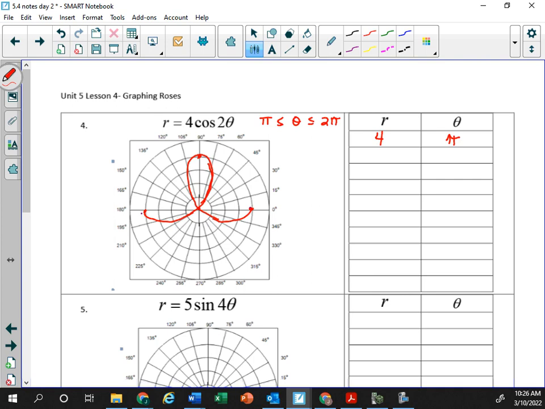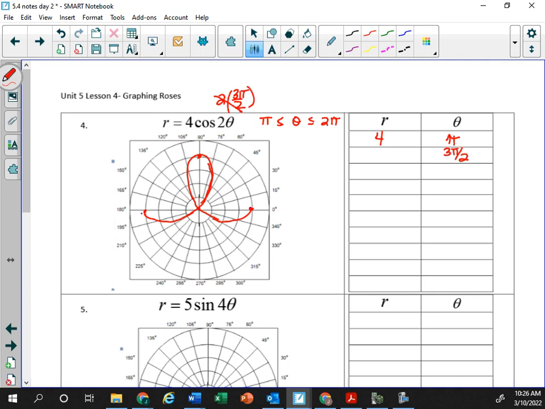I'm going to try 3 pi over 2. I'm only going to do a few points here. If I plug 3 pi over 2 into that, what am I actually taking the cosine of? 3 pi. The 2's would cancel, right? Because 2 times 3 pi over 2.